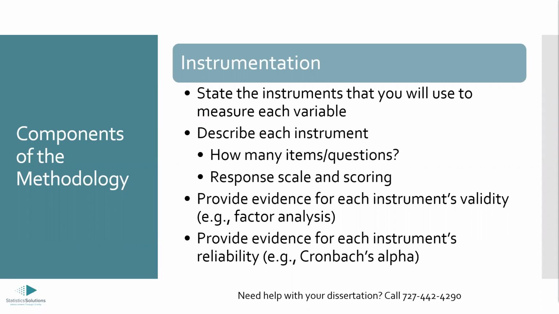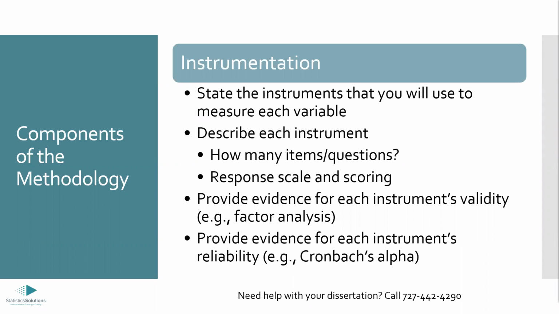By the end of the instrumentation section, you should have described the instrument that you're using to measure all of the variables that are mentioned in your problem purpose statement and research questions and hypotheses. Each of the variables identified in those areas should have some kind of instrument or way of measuring it, and in the instrumentation section, that is where you describe those instruments.